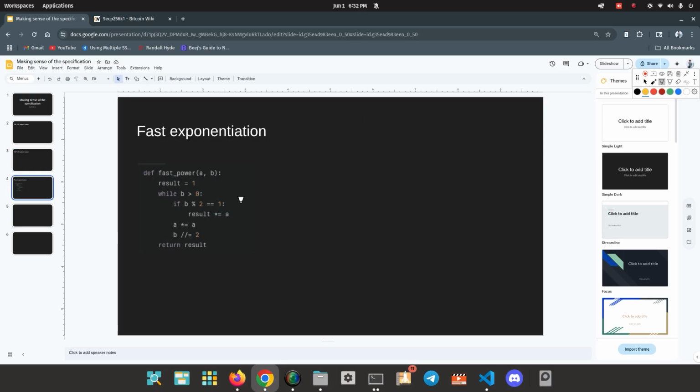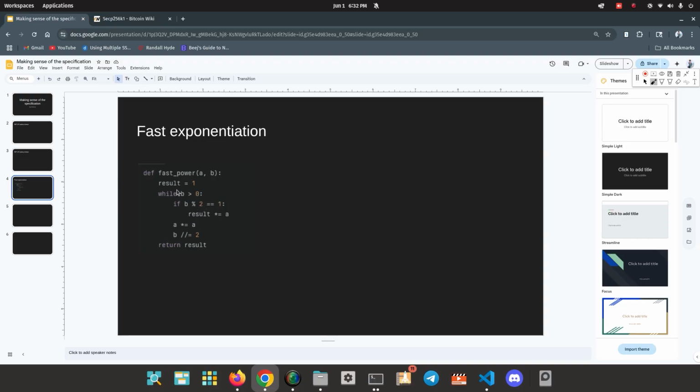So this is the pseudocode which is used to find the powers effectively. Here, assume that both A and B are 256-bit numbers.